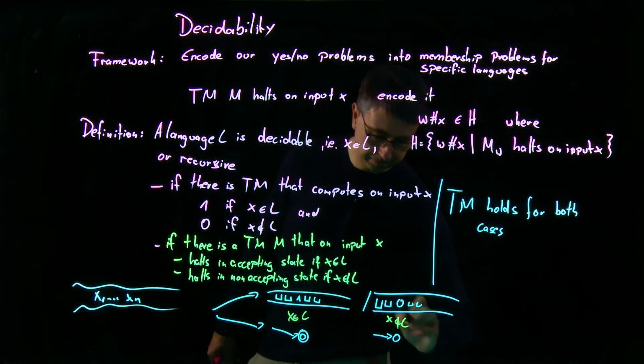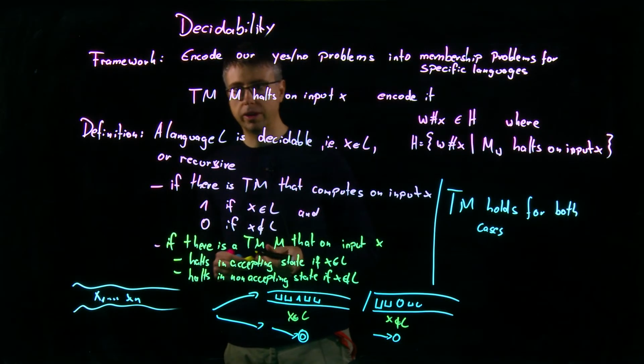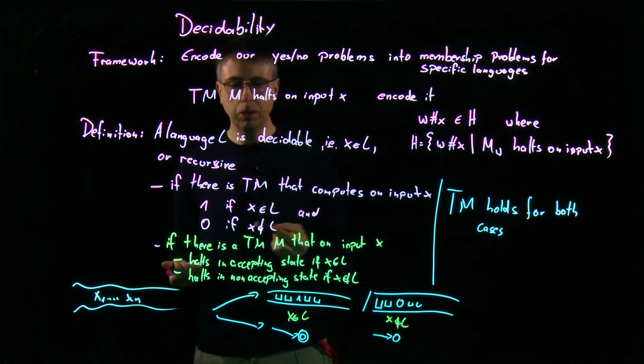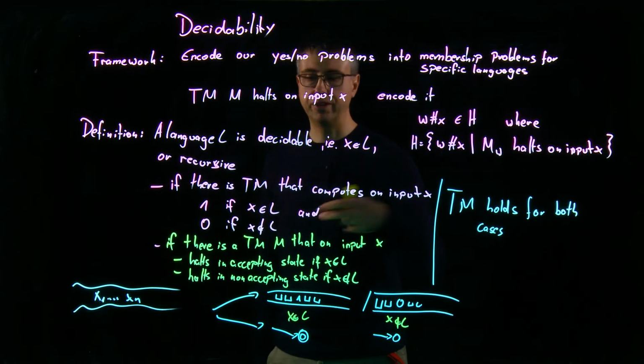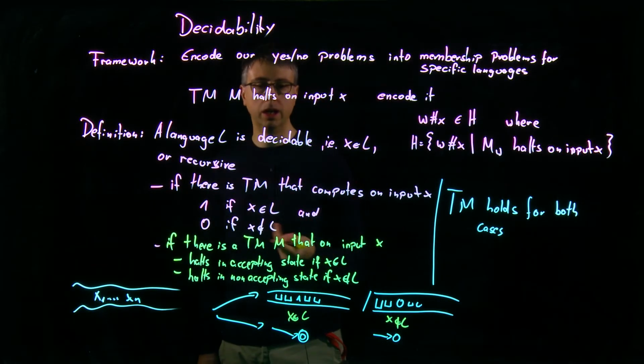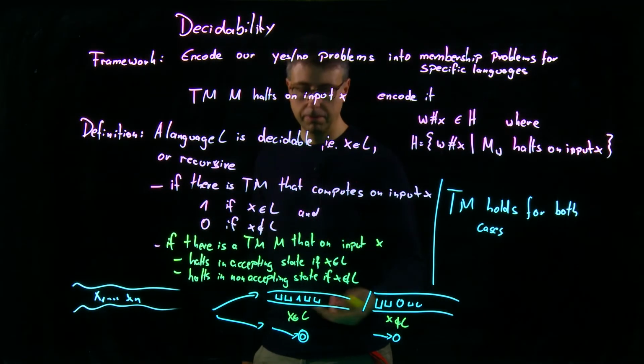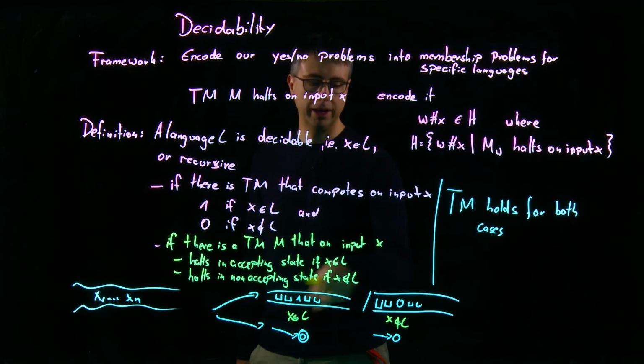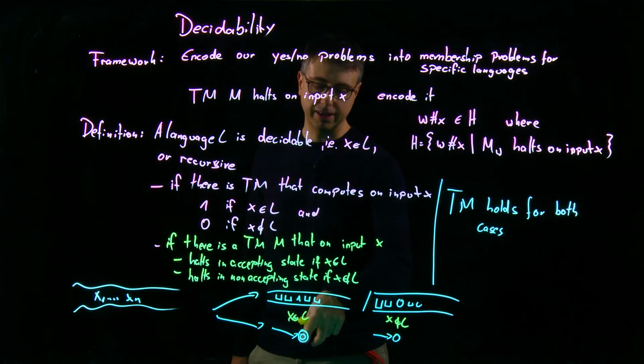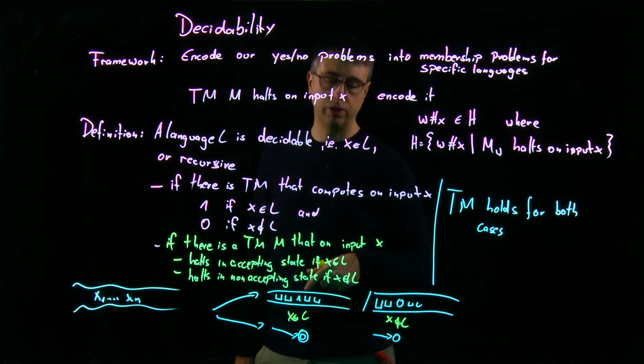Both definitions are in fact equal, because, for example, if we have a Turing machine that will at some point stop, then we can check whether we have a 1 or a 0 on the tape, and if we have a 1, we go to an accepting state. If we have a 0, we go to a non-accepting state.